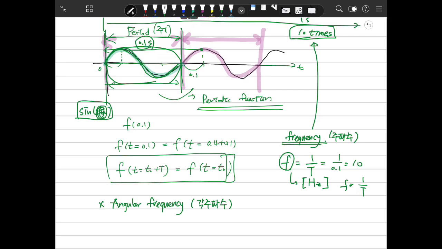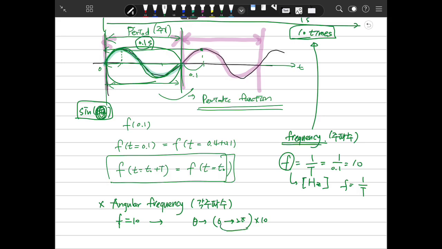This is 1 cycle. So if the frequency f is 10, that means for 1 second, the angle theta changes from 0 to 2 pi 10 times.